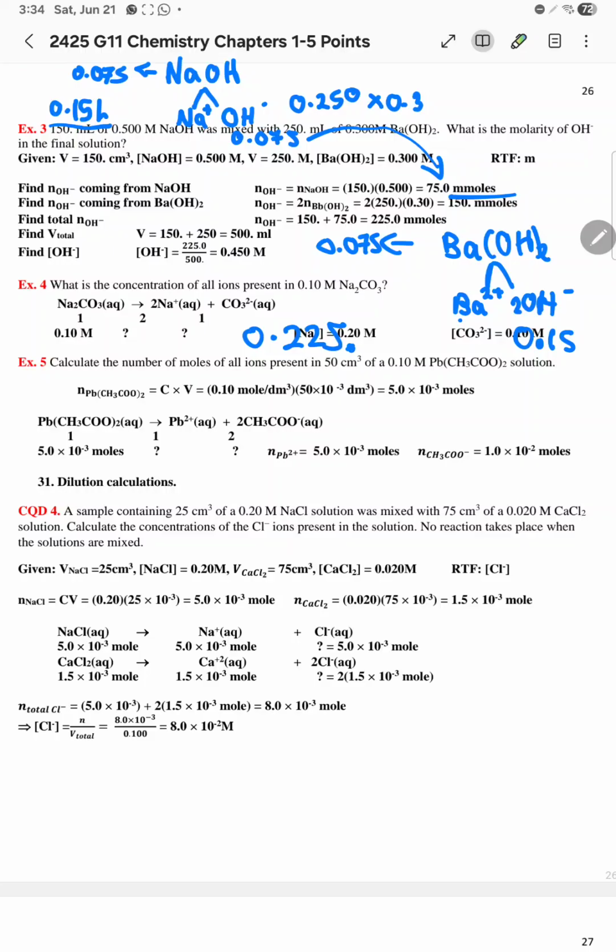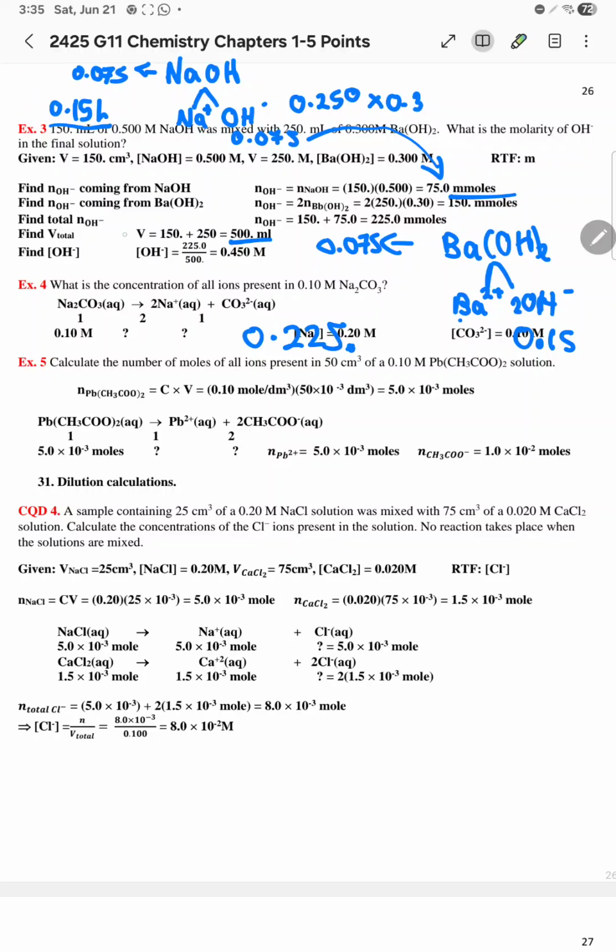What? 150 plus 250. It gives us 400. I don't know why here it says it gives you 500. I think there was a mistake here in calculation, because total volume isn't 500. 150 plus 250 gives you 400.